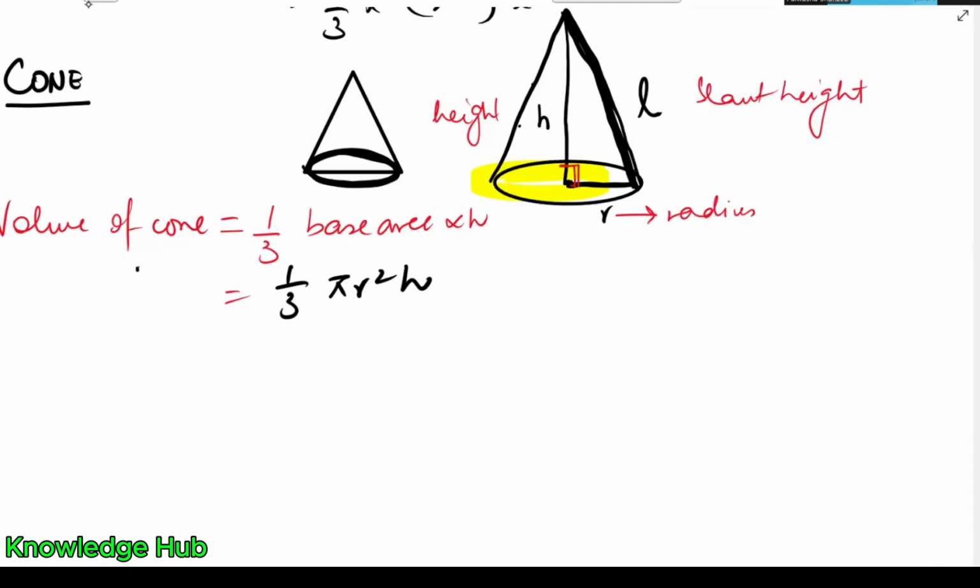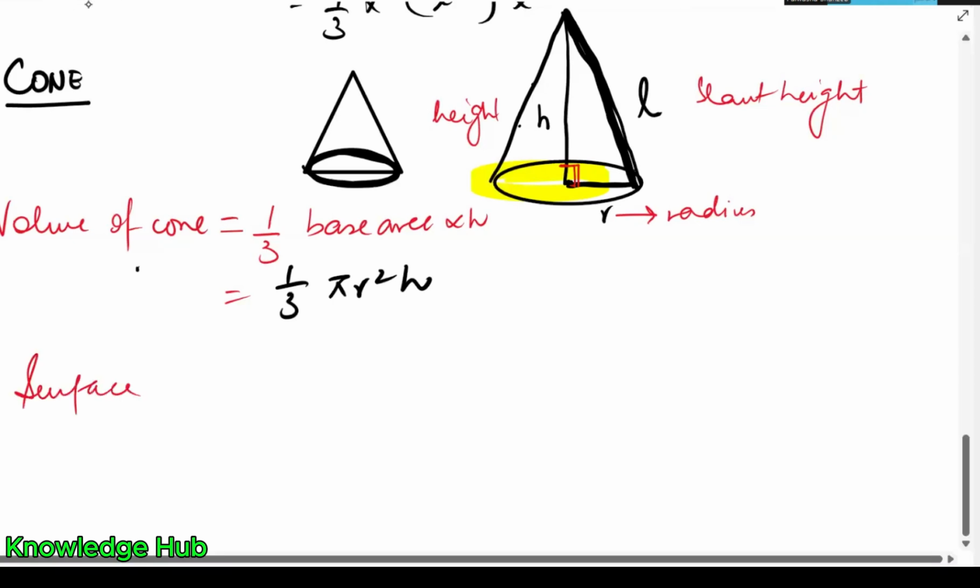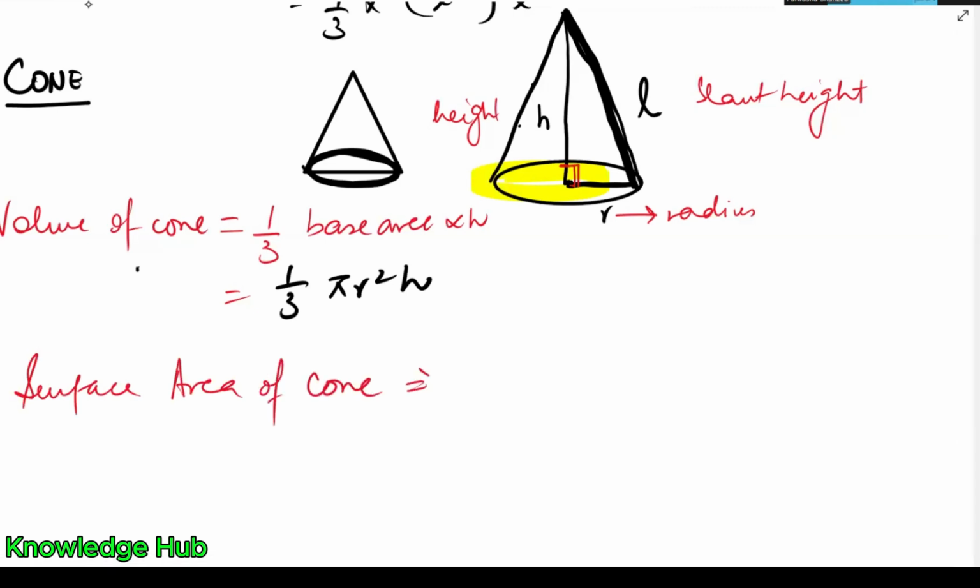Now, let's talk about the surface area of a cone. Surface area means the area it occupies on a surface. So this is a base, right? It is circular, so it has pi r square. And this is the curved surface area, that is pi r l.